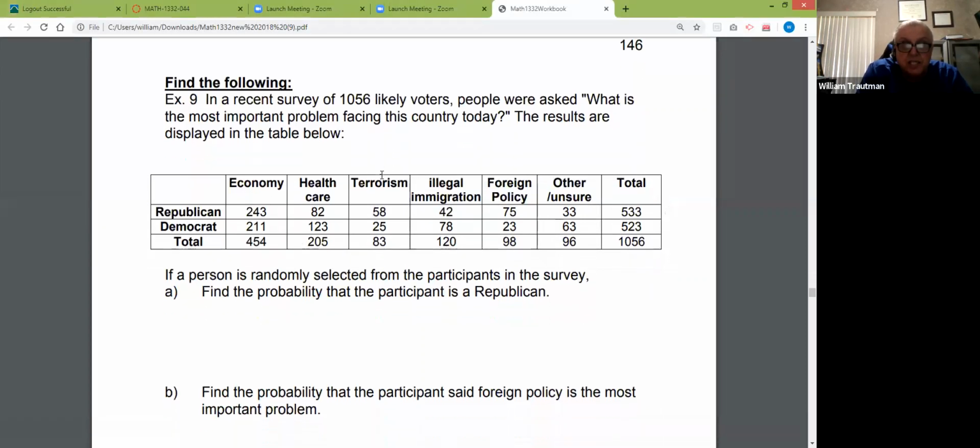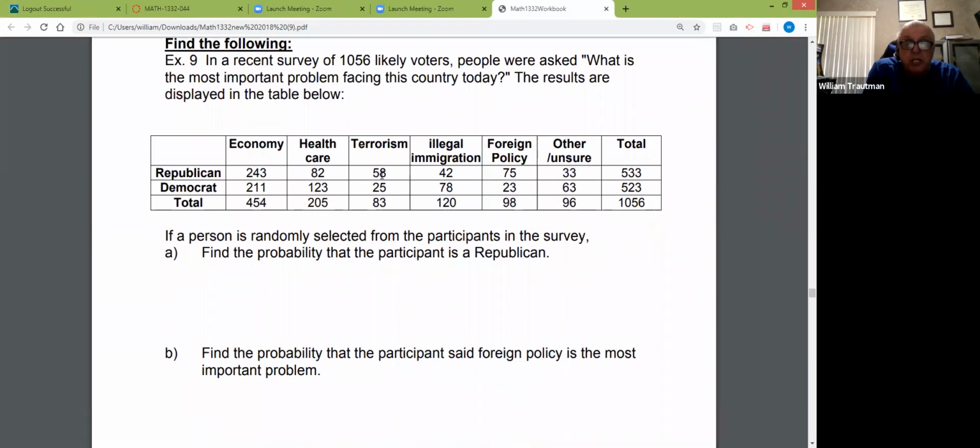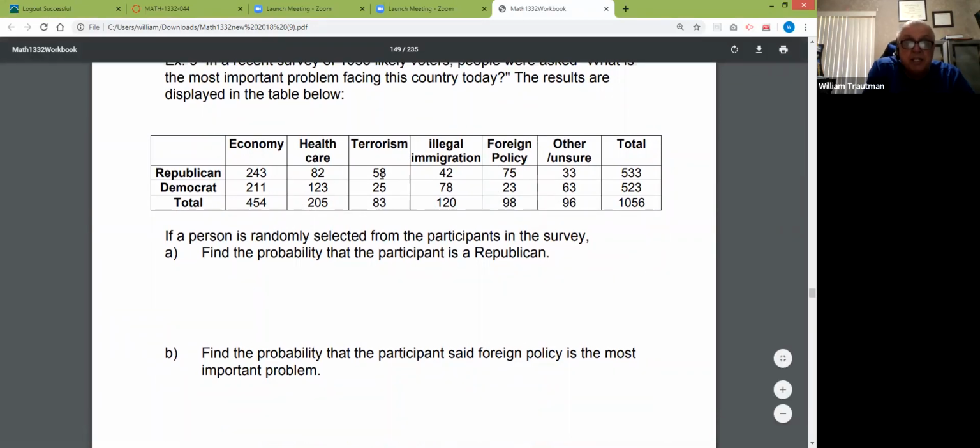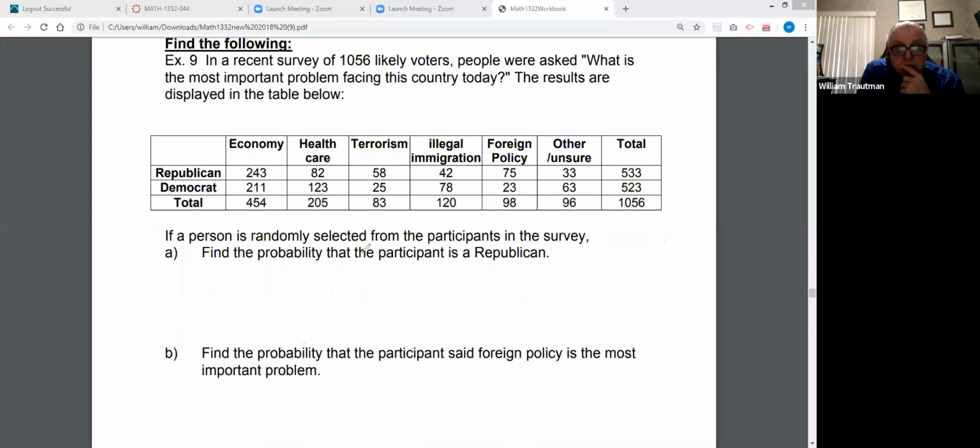Let's see what it says. Find the probability that a participant is Republican. If a person is selected at random, how many Republicans do we have? So the desired outcome is Republican. The total participants is right here, 1056. Republicans are, anybody? 533.